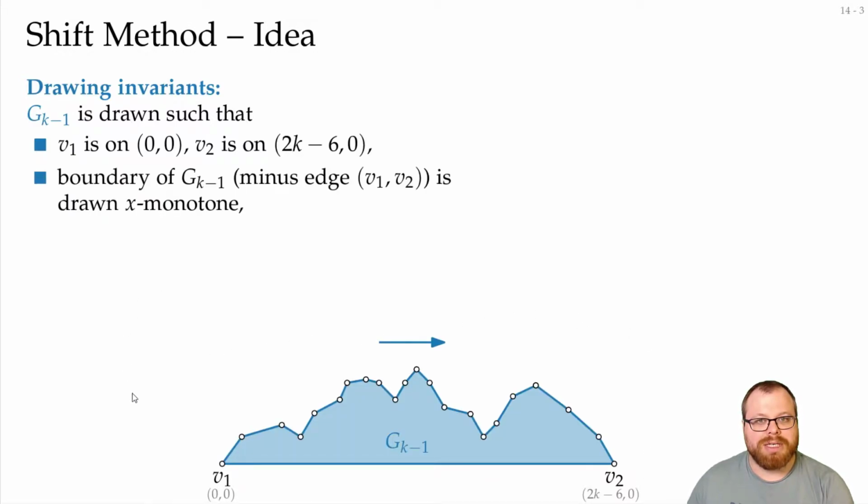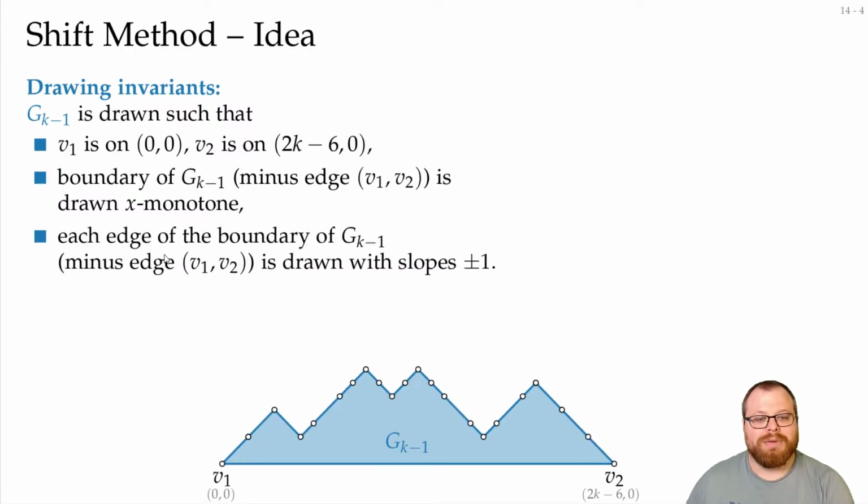The boundary of the graph G_{k-1} minus this edge is drawn x-monotone, so we don't go to the right and backwards. And even more strongly, every edge here is drawn with slope plus or minus 1. So this is how the boundary of G_{k-1} could look like. So let's assume that we have a drawing of G_{k-1} where all these conditions hold.